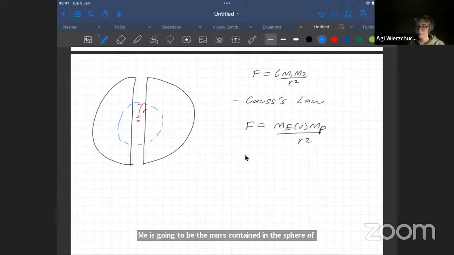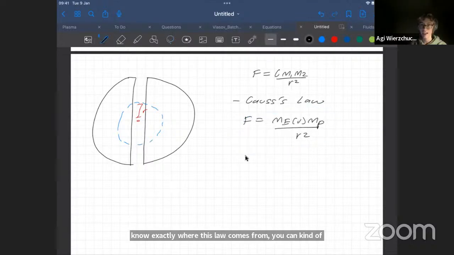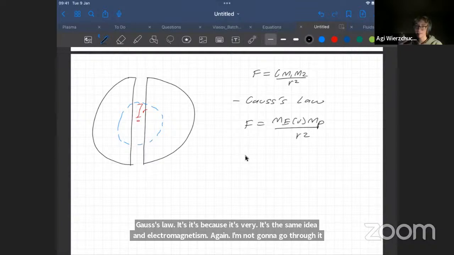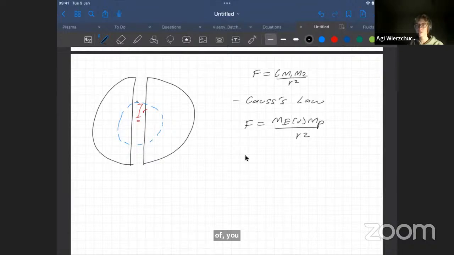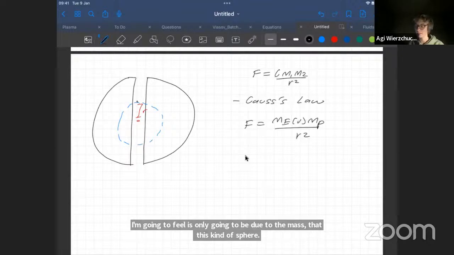Again, if you want to know exactly where this law comes from, you're free to Google Gauss's law. It's the same idea in electromagnetism. I'm not going to go through it all, but you have to take my word for it that when I'm inside an object, or I don't even have to be inside the object, if everything is very symmetrical, everything is spherical, there are no wild spikes anywhere, the force that I'm going to feel is only going to be due to the mass of the sphere below me.